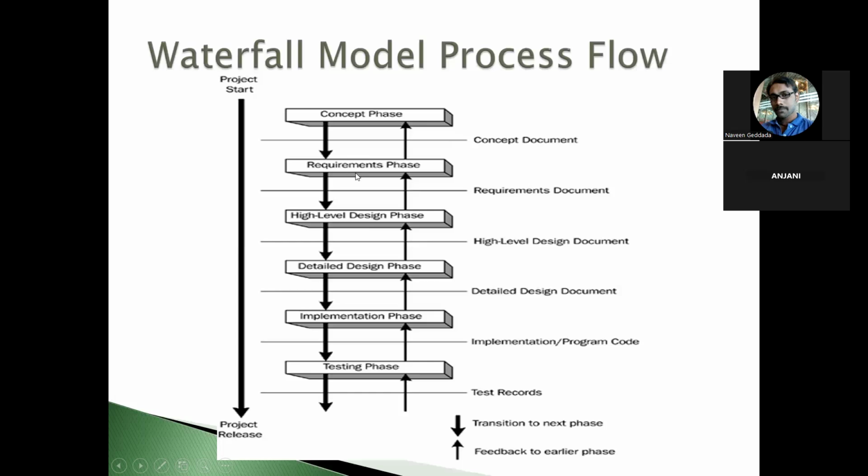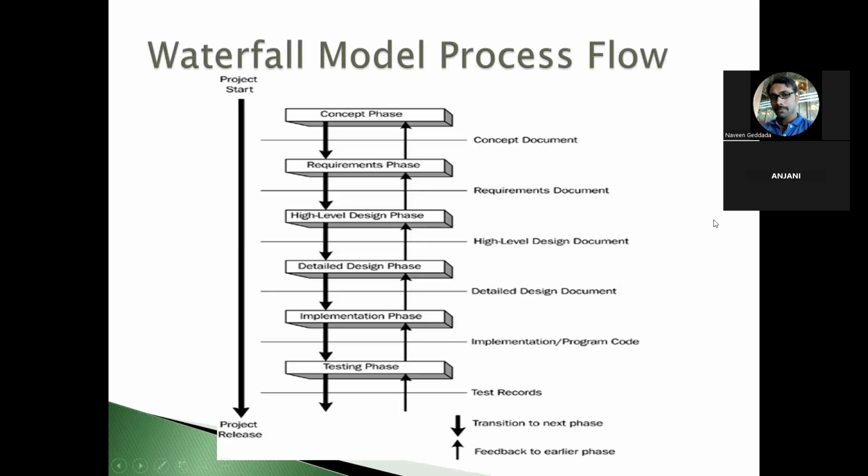In the requirements phase, you will have the requirements document, which is the BRD document. Once this document is approved and completed, then only will you move into the high level design. Say, for example, if the business is not clear about certain requirements, they need to discuss again with their SMEs and provide some detailed information.